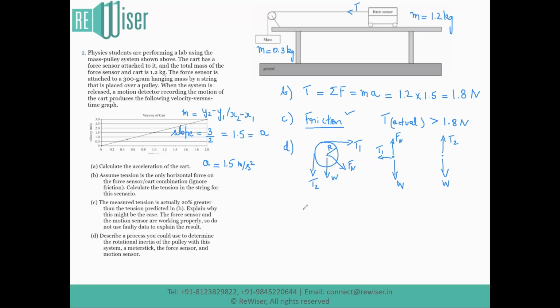So here, to perform the experiment, we can use a motion detector to measure these quantities. We can use it to measure the velocity v of the cart.